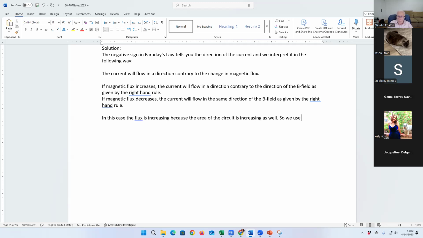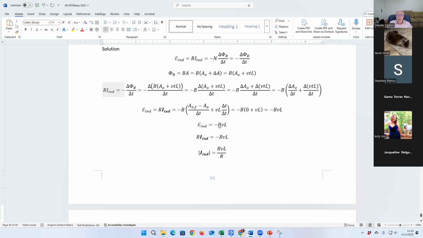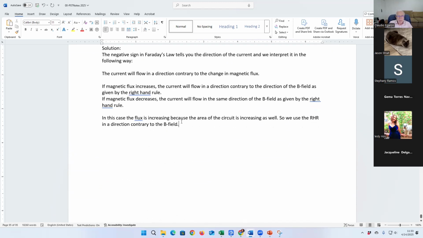So we use the right hand rule, in a direction contrary to the B field. Okay, so how do we do that? We do the following.